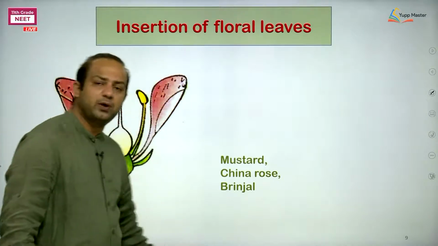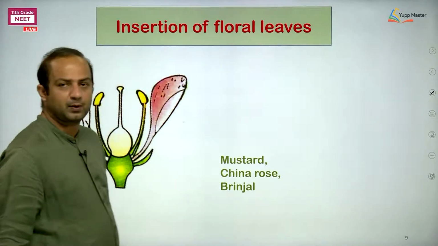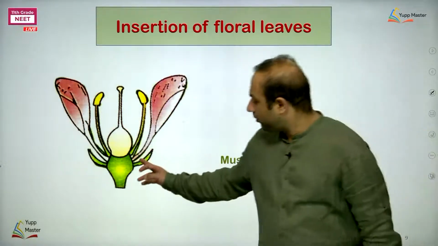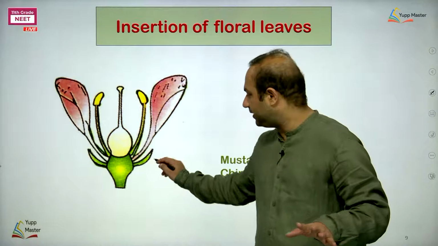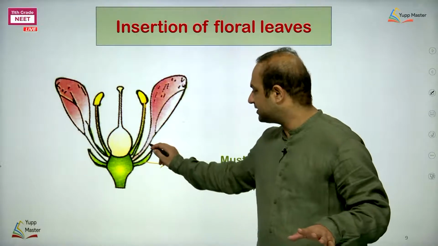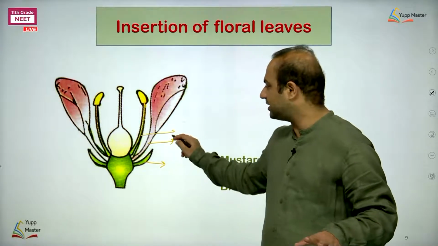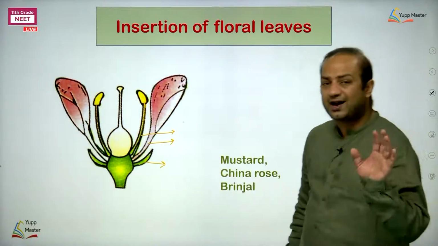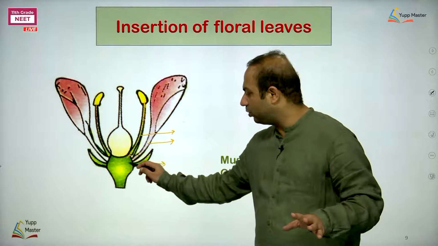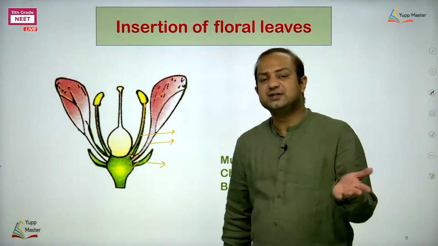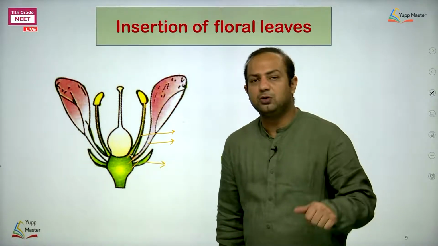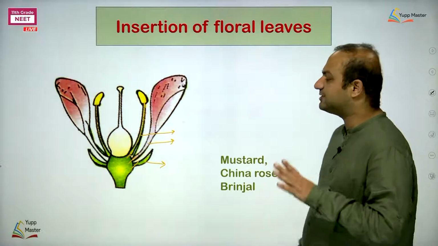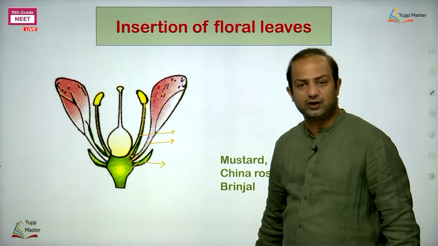If I observe this diagram, the floral leaves, this is sepal, this is petal, this is stamen, all three are arising from points below the ovary. Who is lying above? The ovary. Who is lying below? The rest of the floral parts. So the floral leaves here are considered below the ovary.